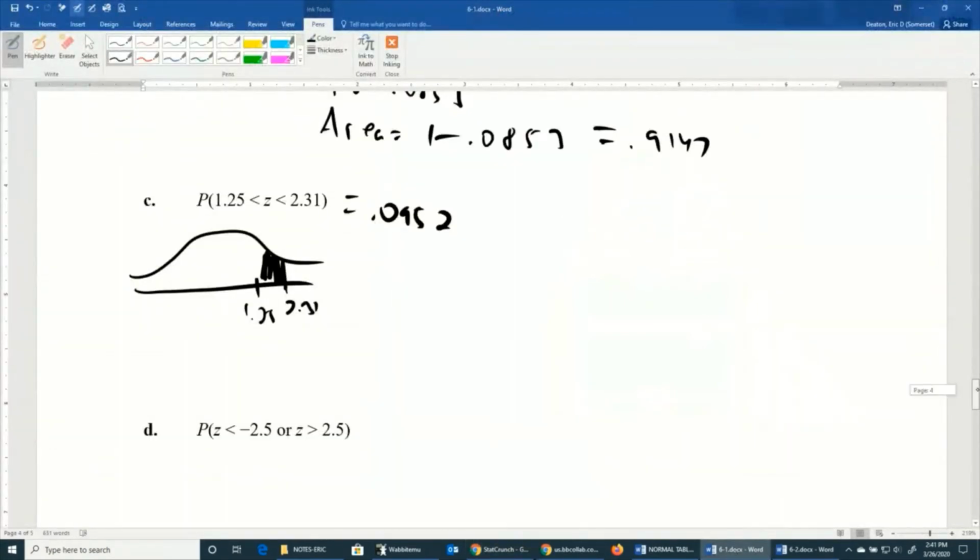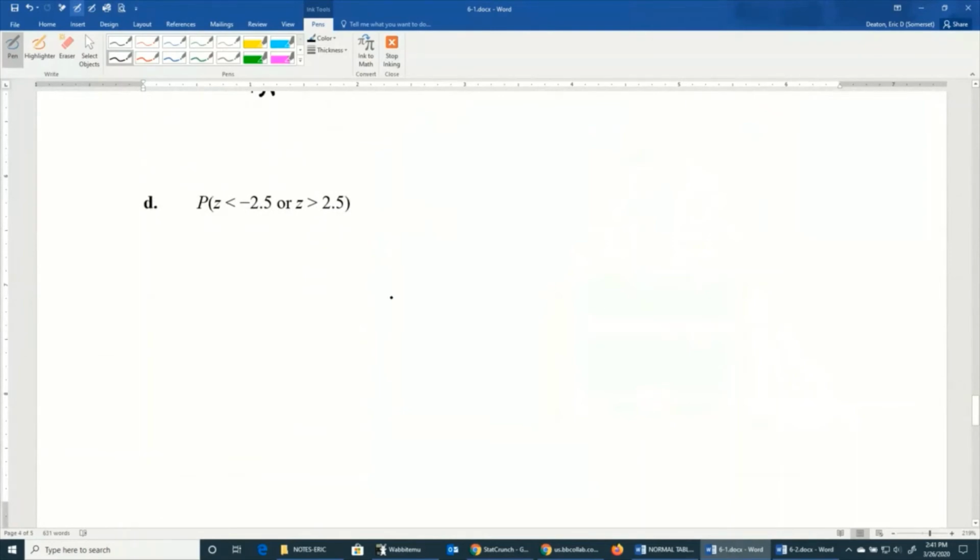Now this last one, be extremely careful how you do this one. Draw the picture. No matter what you do, if you use StatCrunch or graphing calculator, it will not give you the complete answer. That's why you need to draw a picture. So negative 2.5 is way over here, and that's less than. And then or means to add.